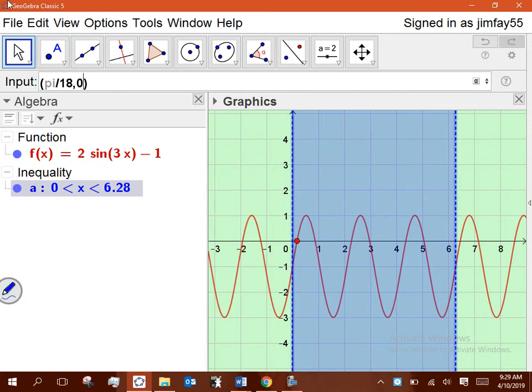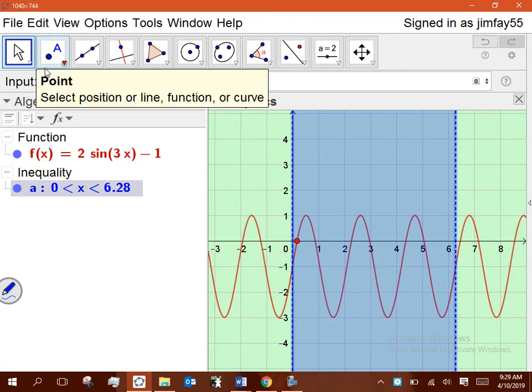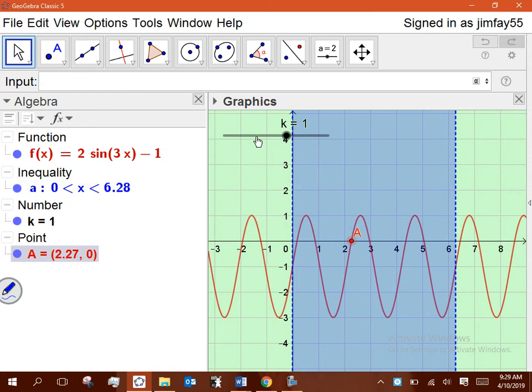And here's the thing, guys. When we created this pi over 18 plus 2/3 pi k, that's actually a formula that will give me the solutions. If I just write it this way, it's going to ask me to create a slider, but k has to be a what? An integer.